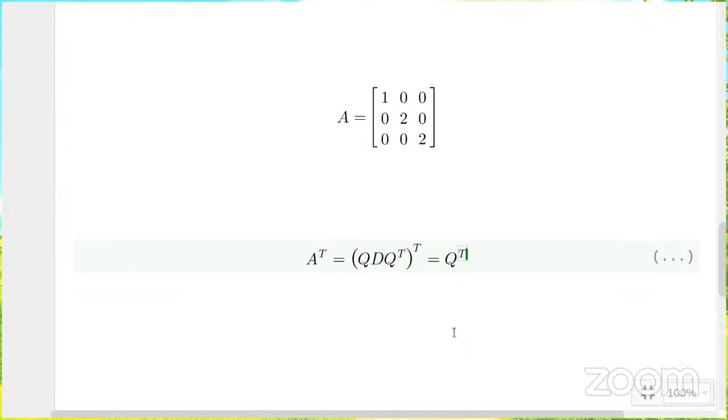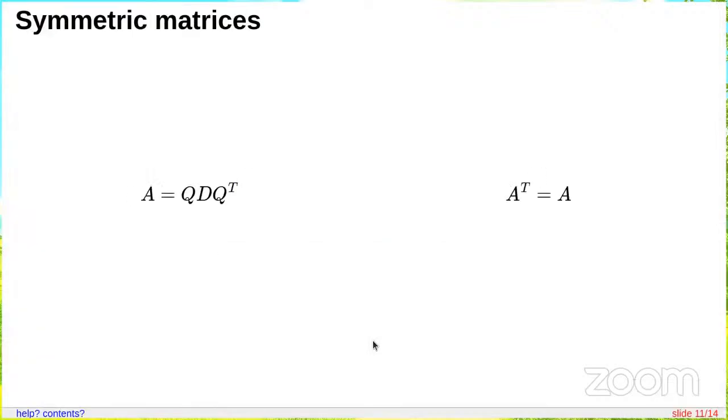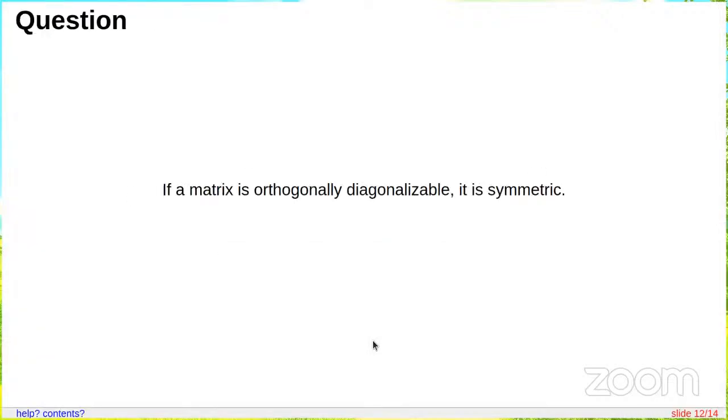So it's Q transpose, the whole transpose, D transpose, Q transpose, correct? I just reverse the order and then I take the transpose. AB transpose is B transpose A transpose. So this D is diagonal, so D transpose is D. Okay, so that is how we arrive at this part.